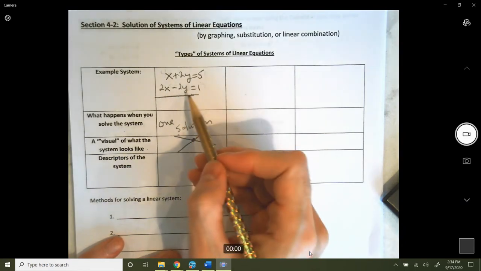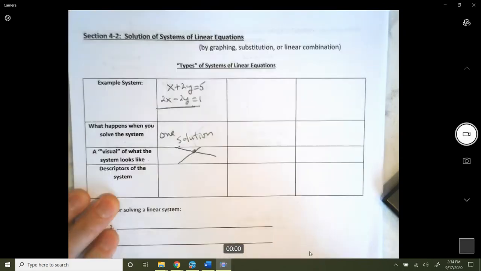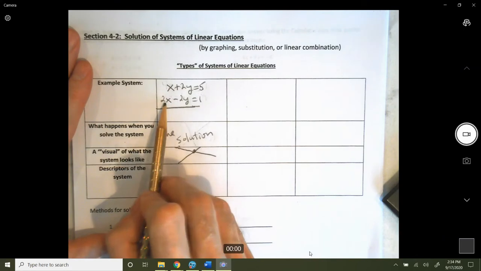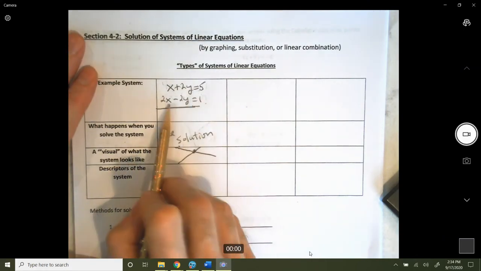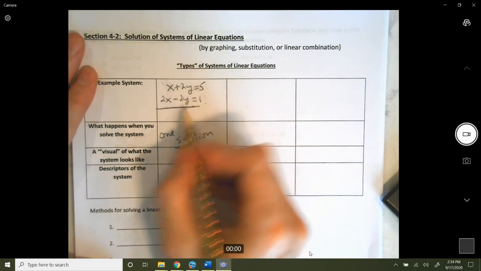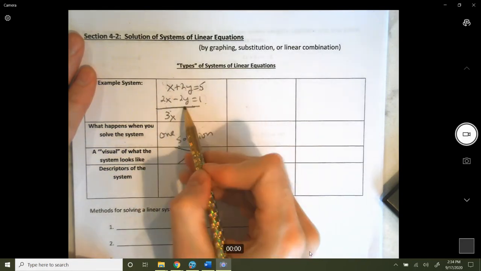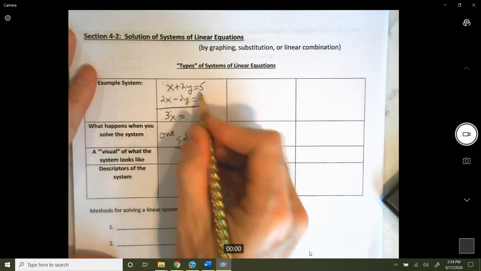Now, we're going to talk down here about 6 different methods for solving systems, but I made this one fairly simple. If you take this first equation and you add the second equation, one of our methods is going to be elimination. So x plus 2x is 3x. The 2y minus 2y, you eliminate the y's, equals 6.